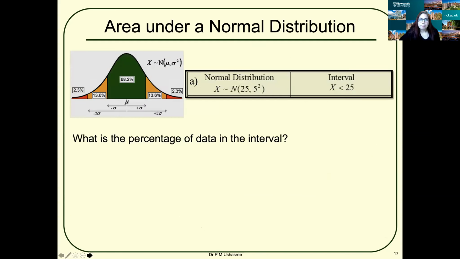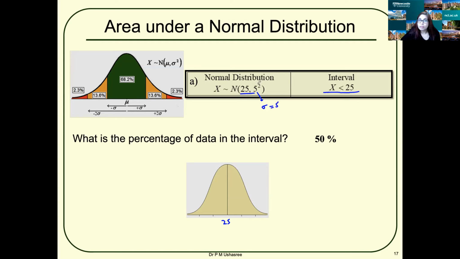Now, what is the percentage of data in the interval X less than 25? Good, that's right. It's 50%, because the mean is 25. You can see from here, the mean is 25 and sigma squared is 5 squared, so sigma is 5.